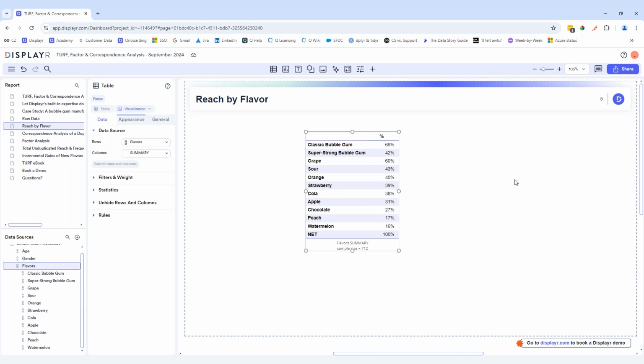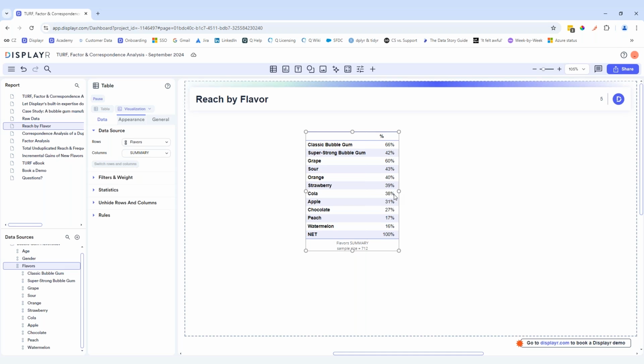This summary table here tells us that 66% of people like the classic bubblegum flavor. This is what's called the reach of the classic bubblegum flavor. That is, a portfolio that just has one flavor, only classic bubblegum, reaches 66% of the market. The cola flavor's reach is 38%.